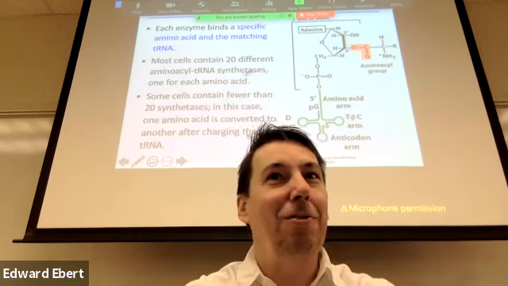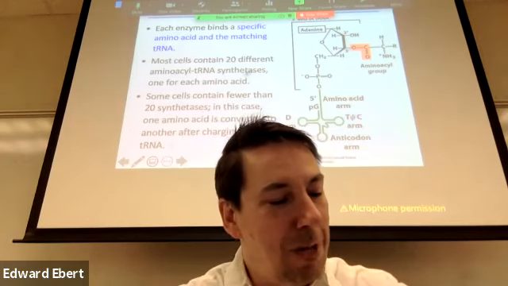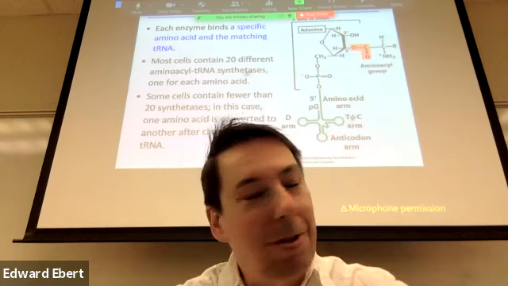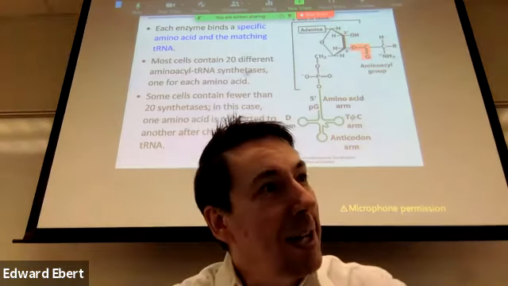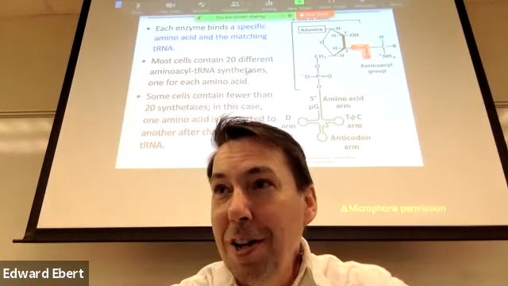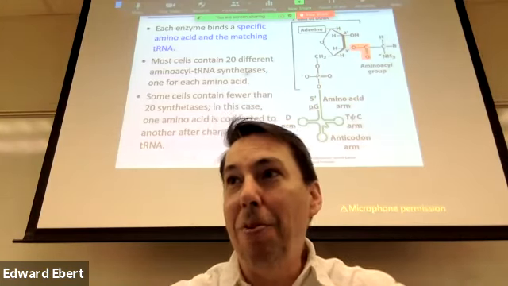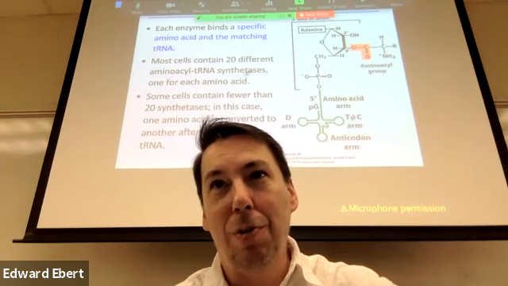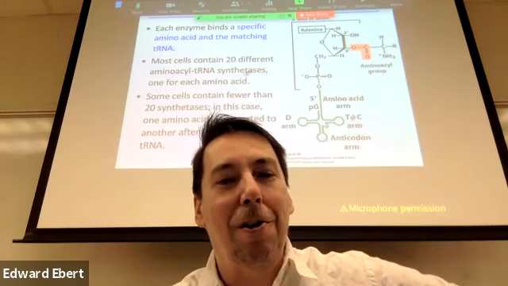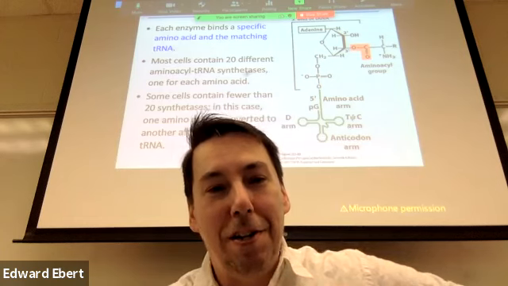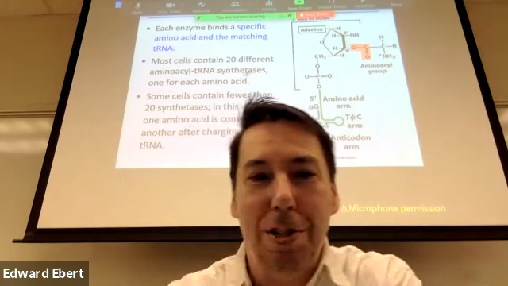So if you go back to the amino acid metabolism chapter, you can see how some of them can be converted to other amino acids. That'll happen after it gets charged. So we might put a phenylalanine on our tRNA, but then we'll convert it into, say, tyrosine or something.